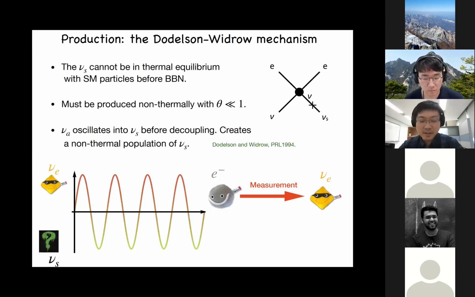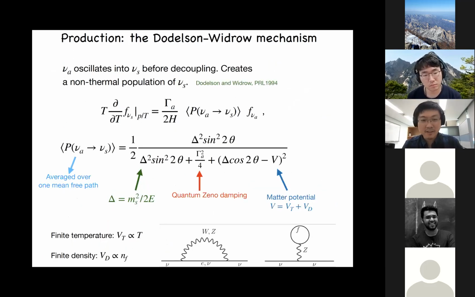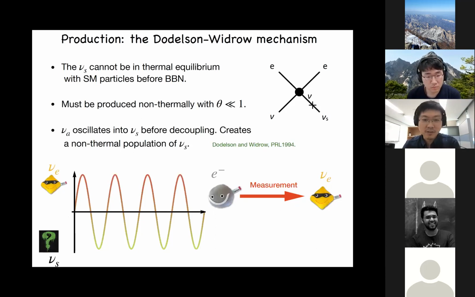Yeah, I know. But my question is, the sterile neutrino in the mass basis has a direct coupling to the standard model. In this picture, the sterile neutrino is produced from the oscillation of the active neutrino. But if you rotate the field basis into the mass basis, the sterile neutrino also couples to the standard model, proportional to the mixing angle. Right. Yes.